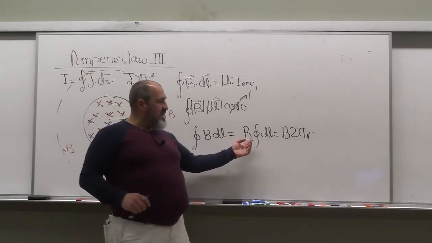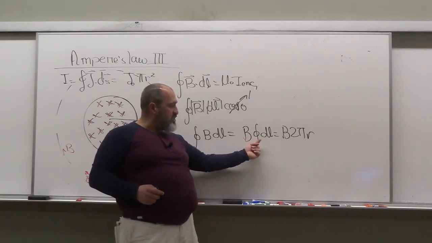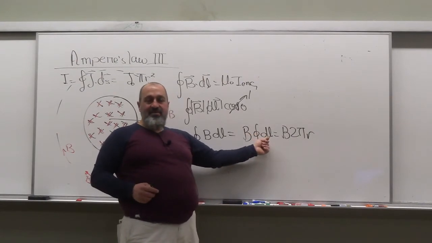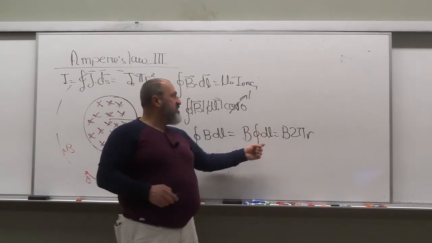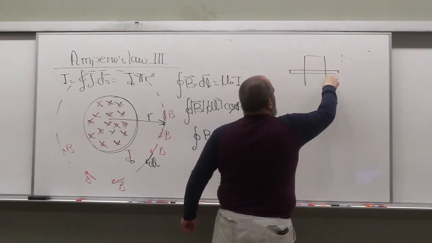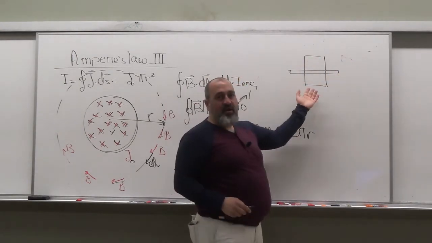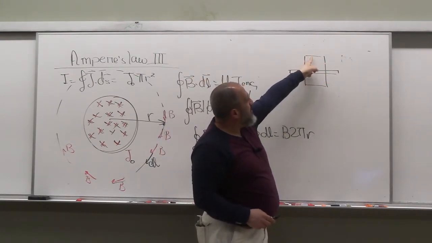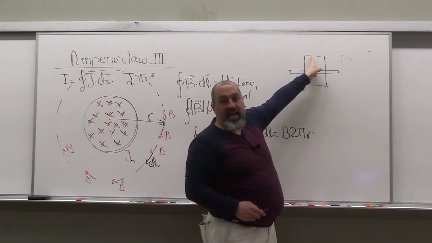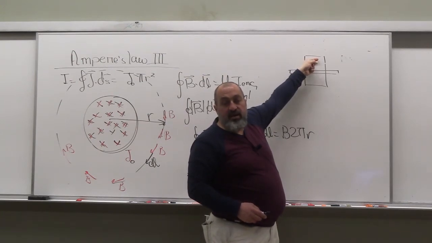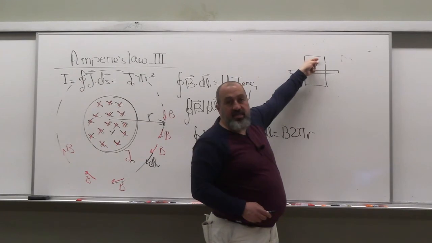We were kind of lazy in the problem with the infinite sheet, in that we didn't actually get to this point. We wrote the integral of B dL as B times L. Remember with the infinite sheet, we drew an Amperian loop like that, and I said it verbally, I didn't write it down, that the integral of B dot dL is 0 here, 0 there, 0 there. Up here it's the integral of B dot dL, with B this way and dL this way, so cosine theta is 1.